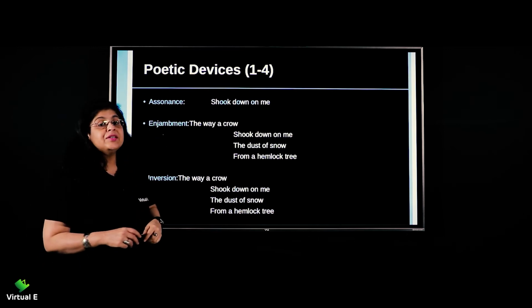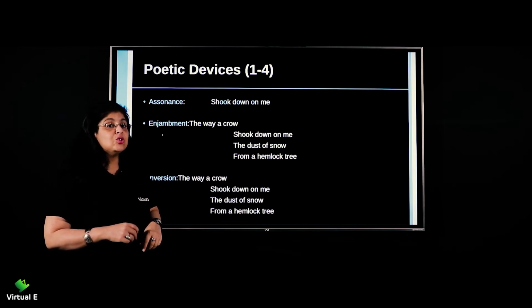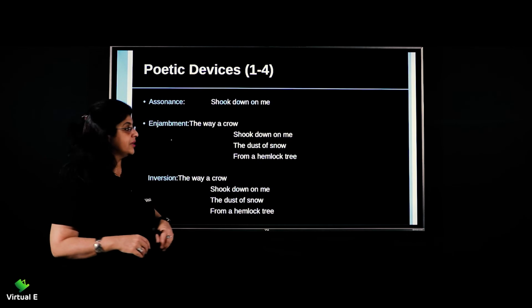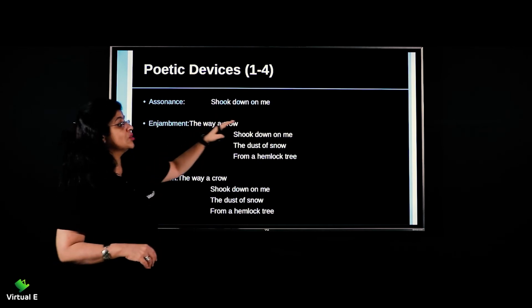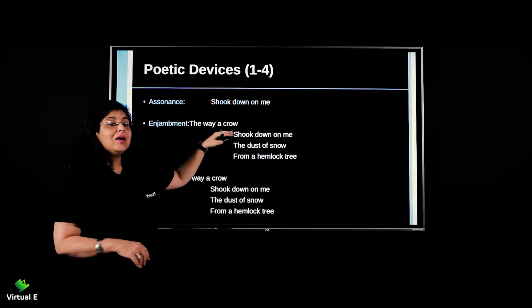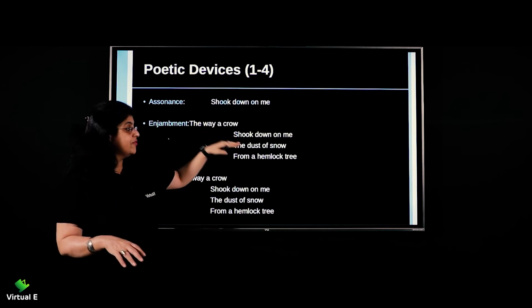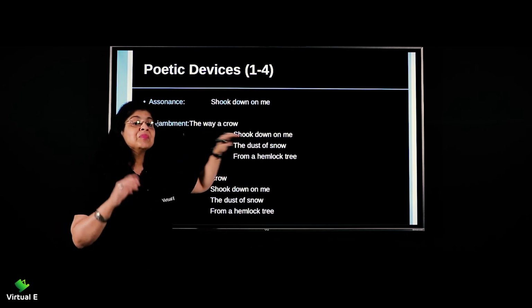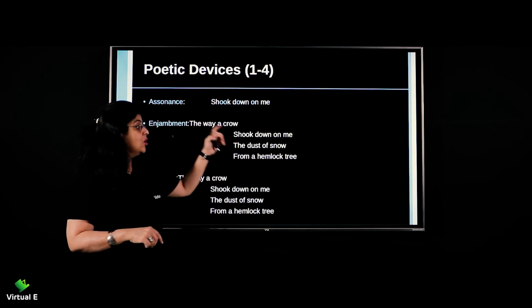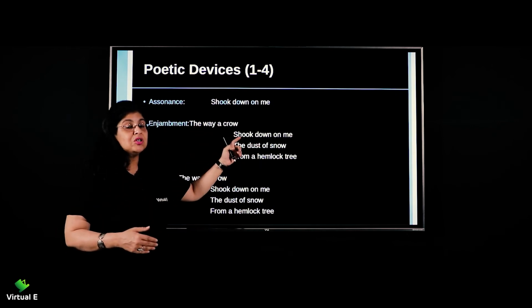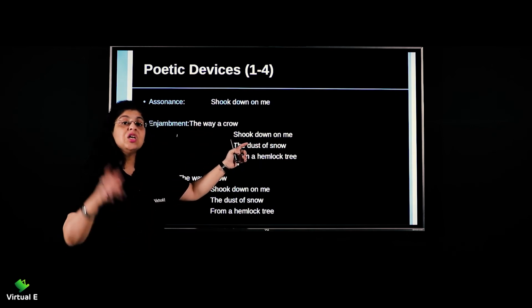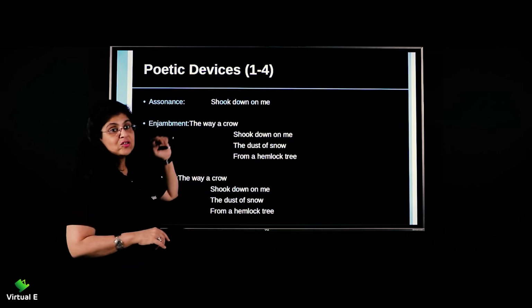If I talk of enjambment, if you remember, I told you it is a continuous line. So, the way a crow shook down on me. Now, the way a crow is not complete. But if I add this, shook down on me, now that makes sense. Because it is coming on the next line without a pause, there is no punctuation, so it is an enjambment.